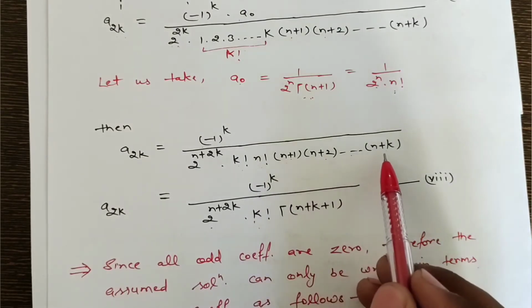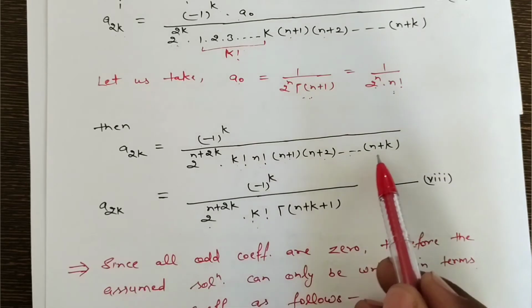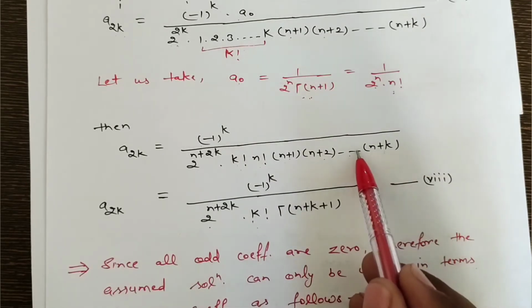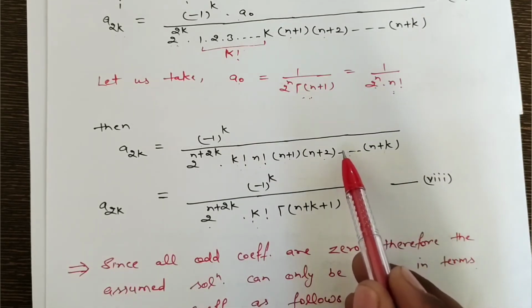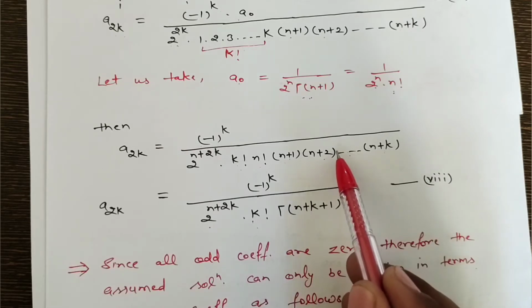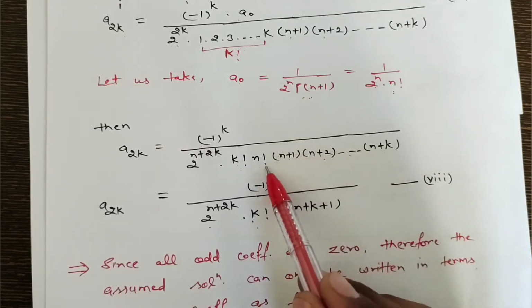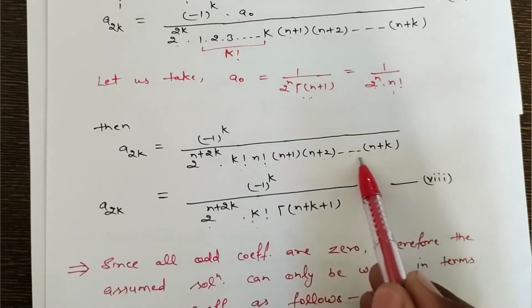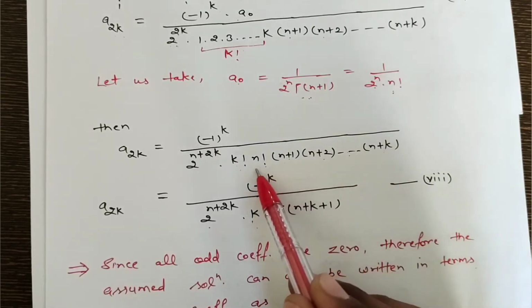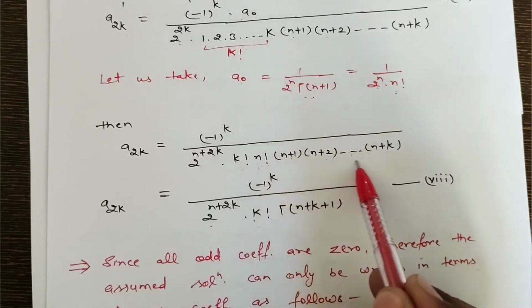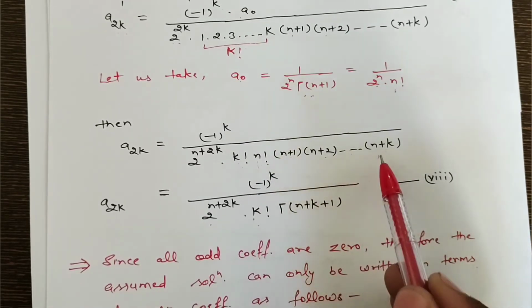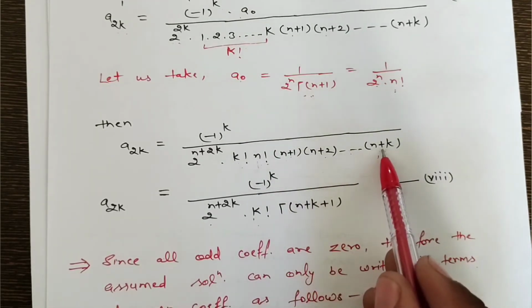If I read these terms from the back side, then it will be n plus k, n plus k minus 1, n plus k minus 2, n plus k minus 3 up to n plus 3, n plus 2, n plus 1, and then n factorial. So this entire thing, including this n factorial, reading from backward, can be written as n plus k factorial.